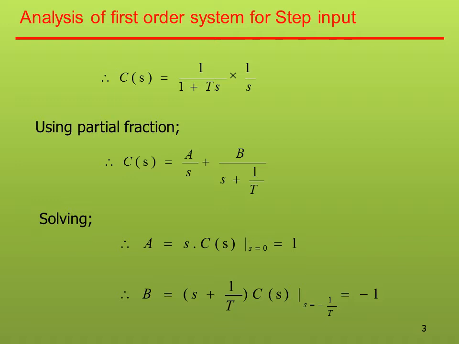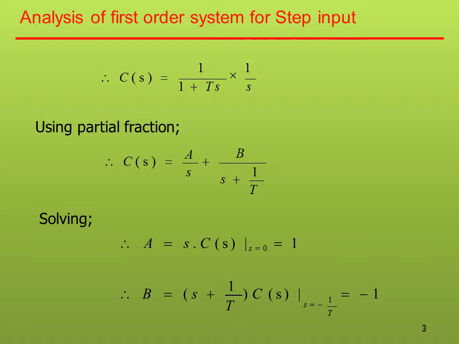First, A upon s is equal to C(s), so A is equal to s into C(s), where s is equal to 0. Why s equal to 0? Because s is single in A upon s. So by putting s equal to 0, we will get A equal to 1.